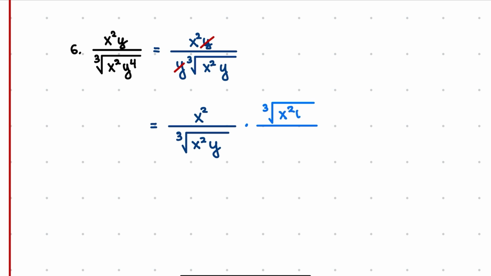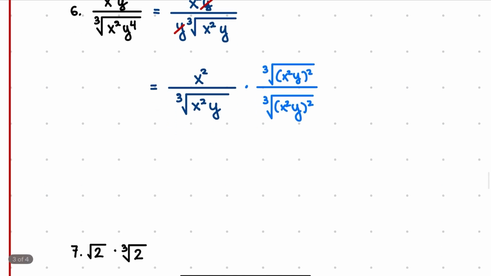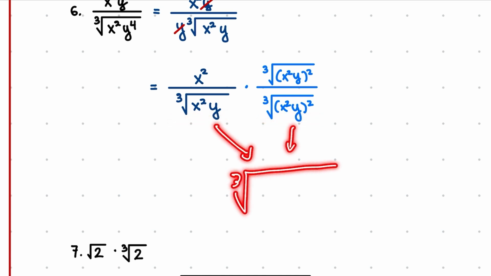So we have here x squared y, oops, it shouldn't be x squared y, it should be x squared y squared, and x squared y squared. So what will happen here is that if we multiply these two, it would be the cube root of, again, laws of exponents, so we just add.